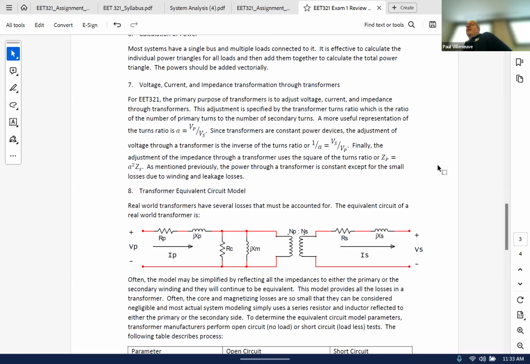You reflect, so this would cause a little bit of confusion this semester. When we look at primary and secondaries, if we want to look at Thevenin equivalence of what an impedance looks like on the other side, you just have to reflect that impedance. So if there was confusion, I apologize for that, but that impedance lives on the secondary side. That's where my load is. But from the perspective of the source, I don't care that there's a transformer.